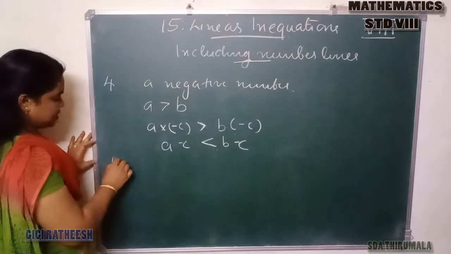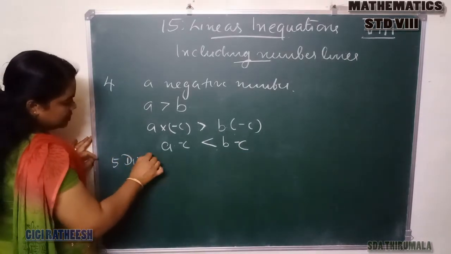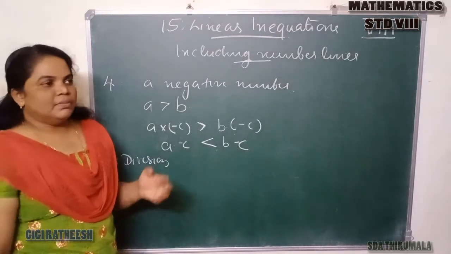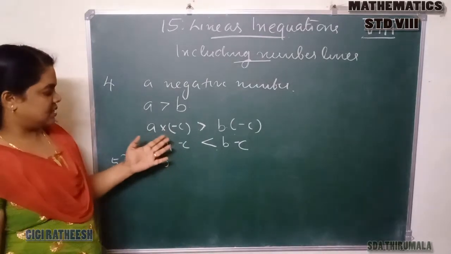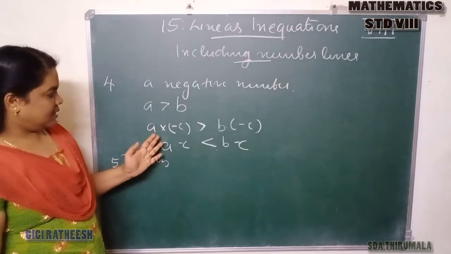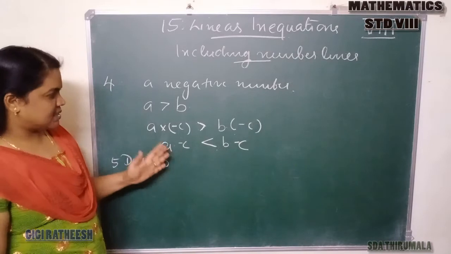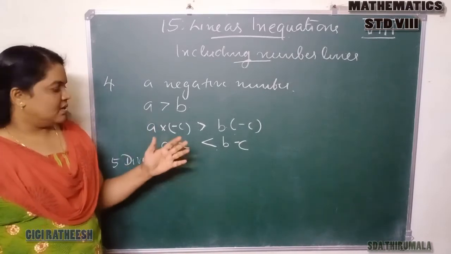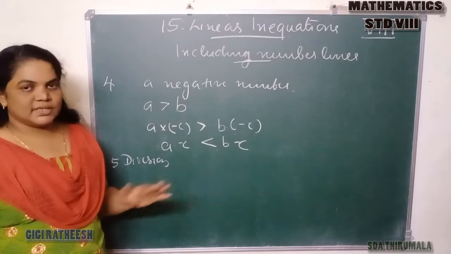And the fifth one is division. Dividing a positive number on both sides, the sign will not change.